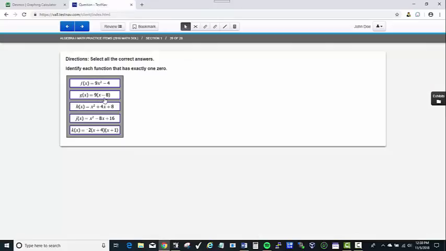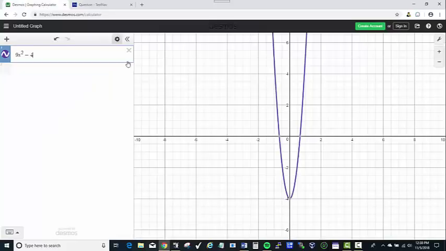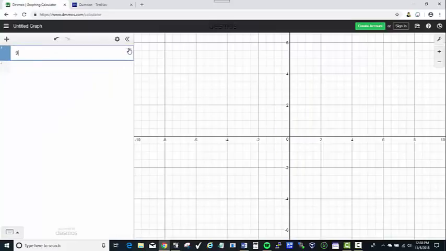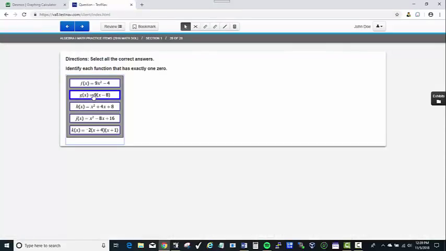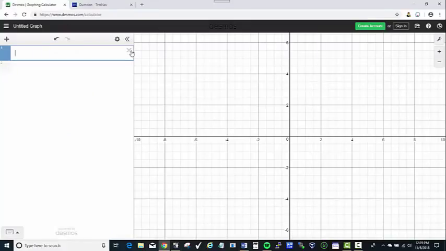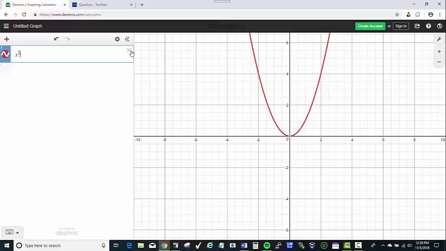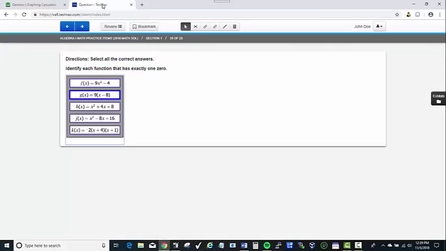Okay, 9 times x minus 8. There's just 1 zero here, so I'll highlight that one. x squared plus 4x plus 8 doesn't even touch, so it's not that one. x squared minus 8x plus 16.